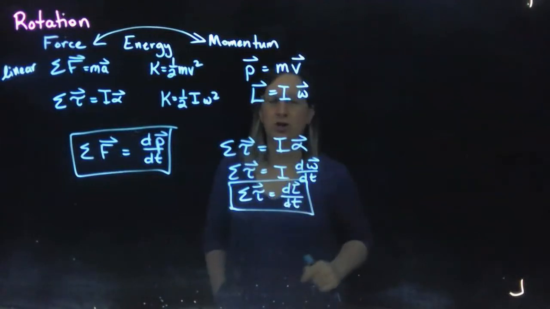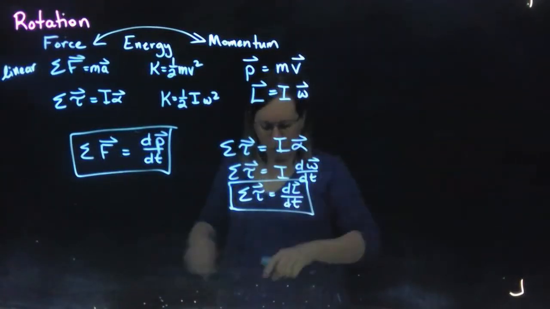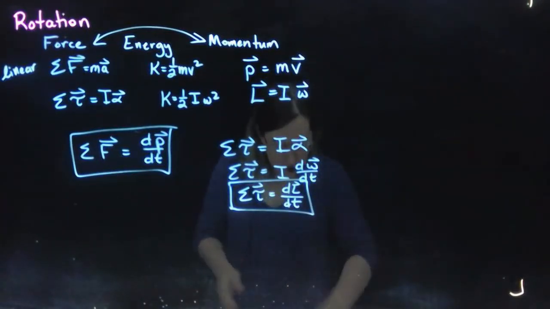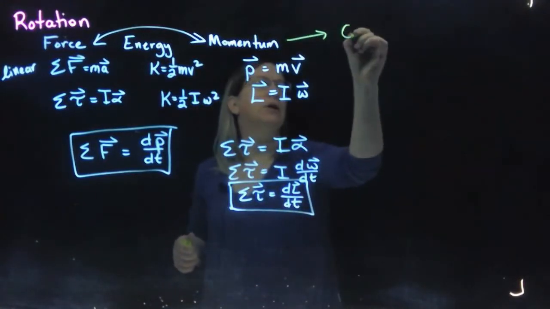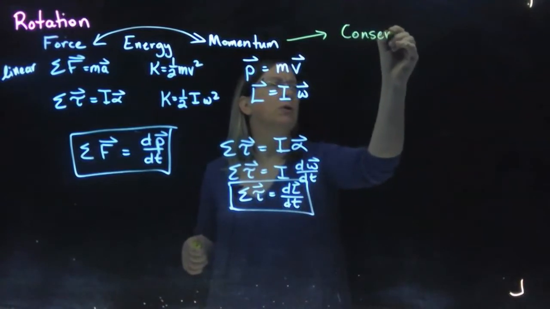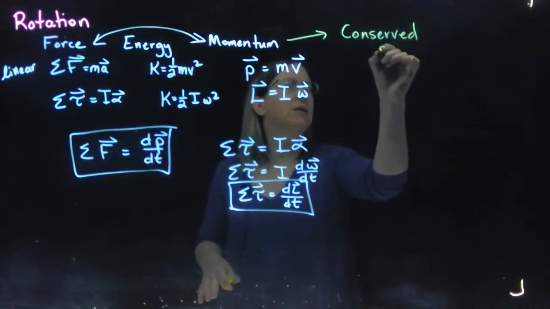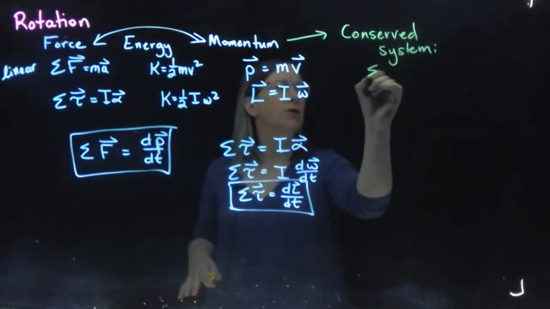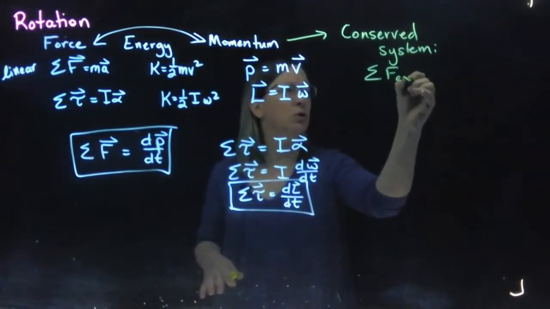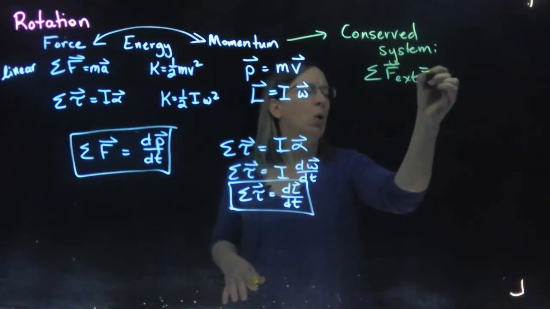Now, when momentum was conserved, right? We said it was conserved when we had a system, at least in the linear case, where the sum of the forces, the external forces on our system, were equal to 0.